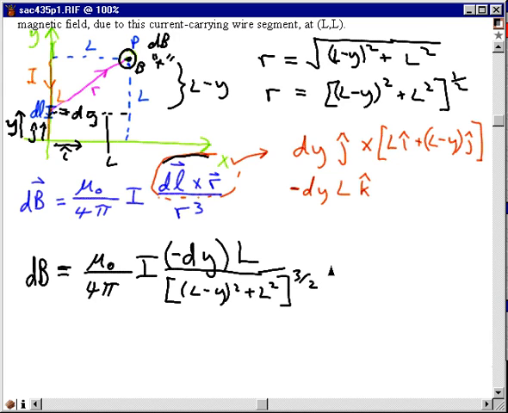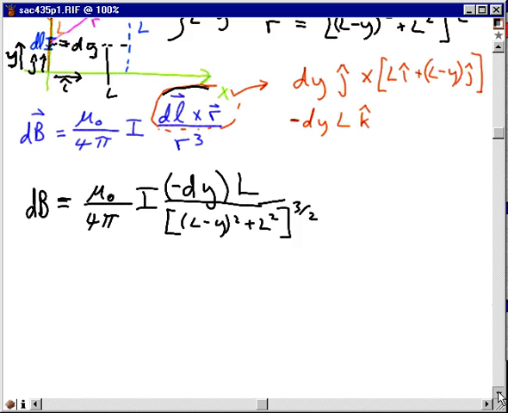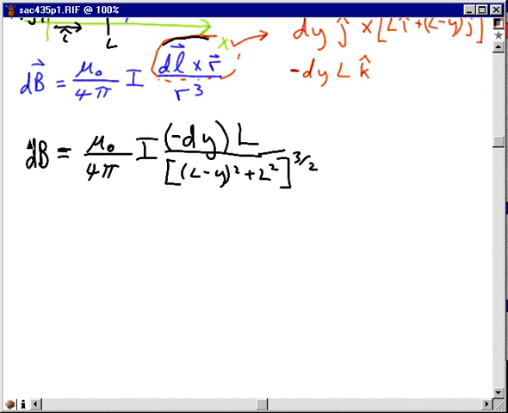So we could put a k hat over here and put a vector symbol over there. I choose to just calculate the magnitude of B, known to be in the positive z direction.